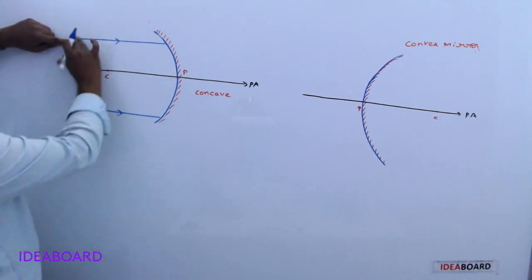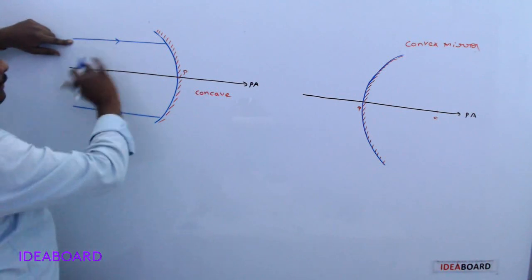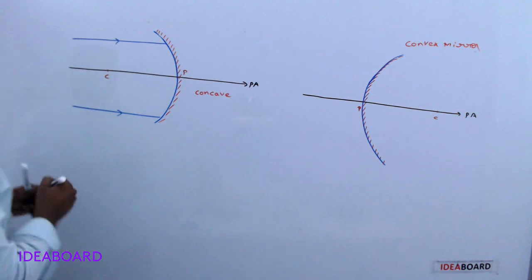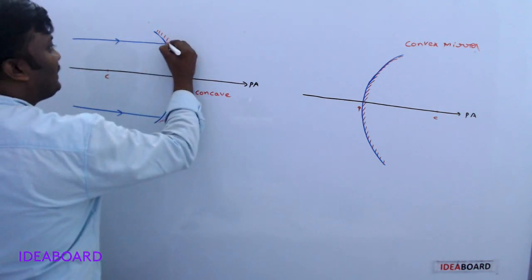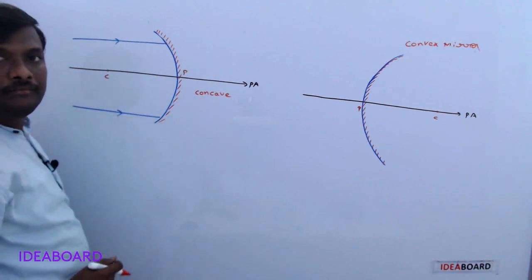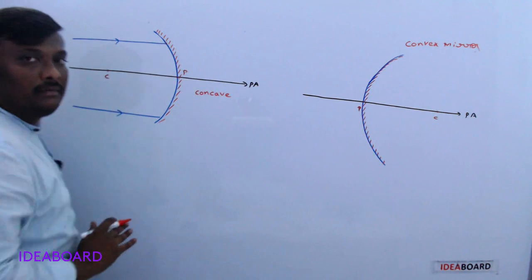In between, a huge number of light rays is available, but I considered only two rays. Listen carefully. Now, this light ray touches one point on the concave mirror. At this point, draw a normal.